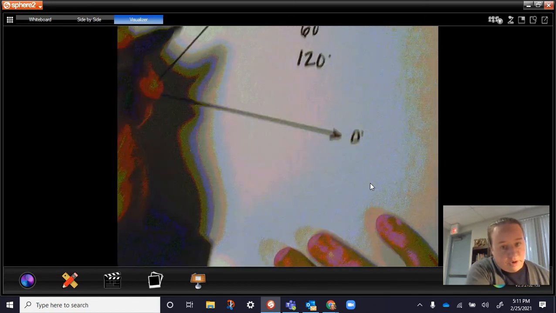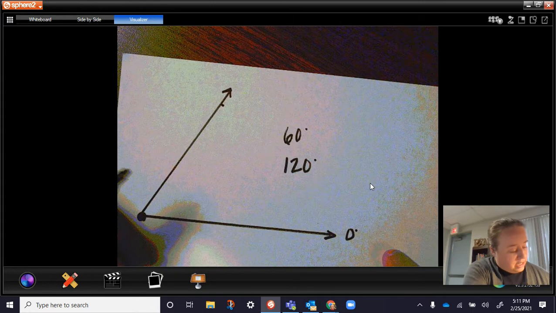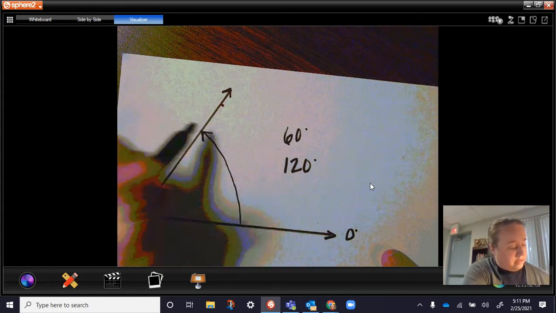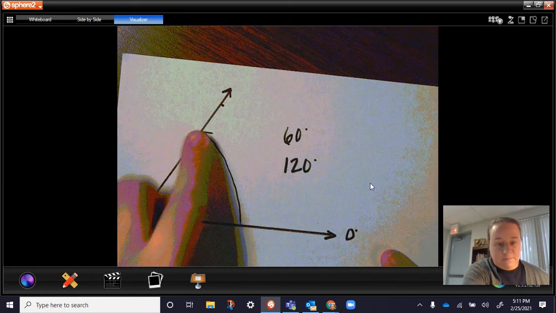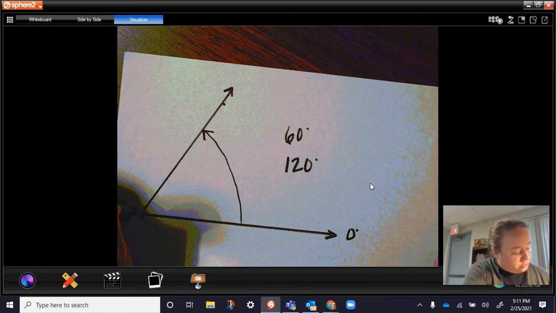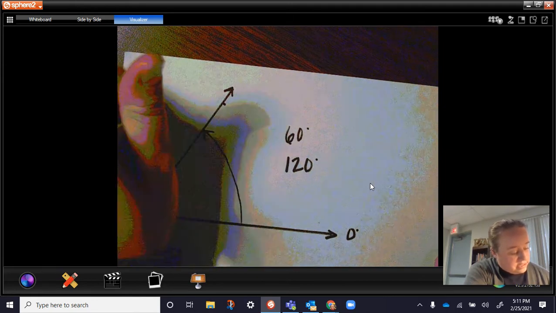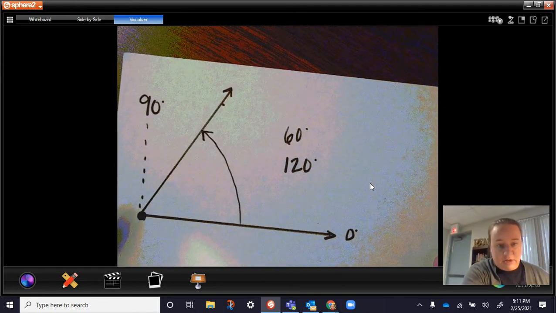Well, remember an angle measures degrees, and we're measuring the amount of opening here. So if I drew my dotted line straight up, this would be 90 degrees, my right angle.